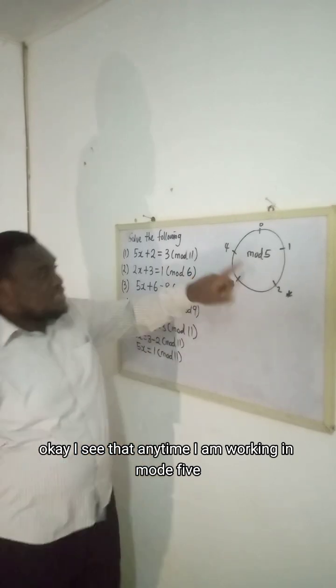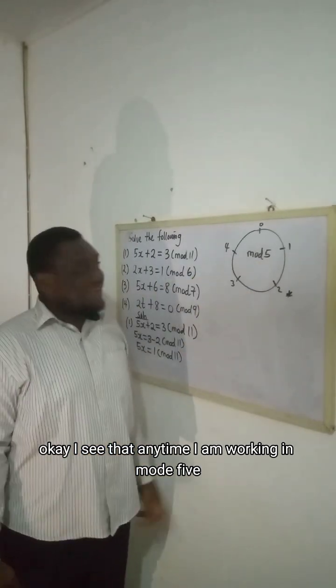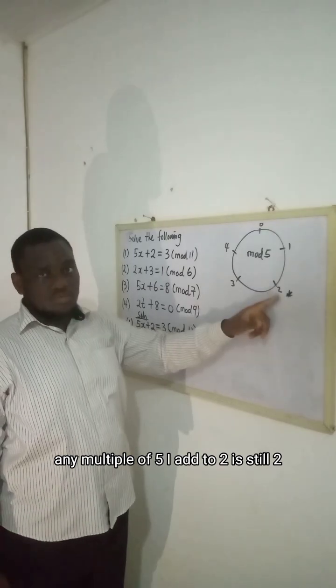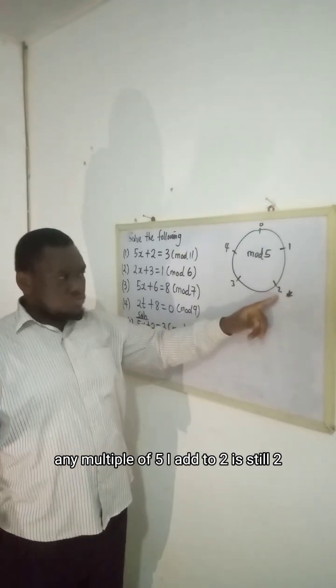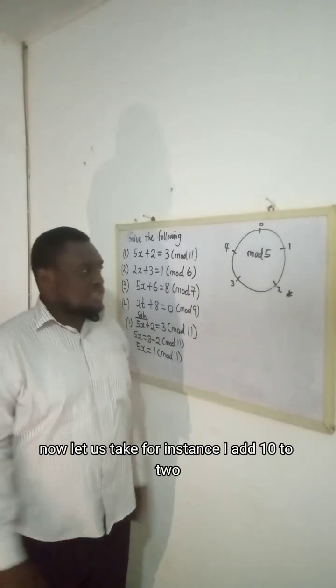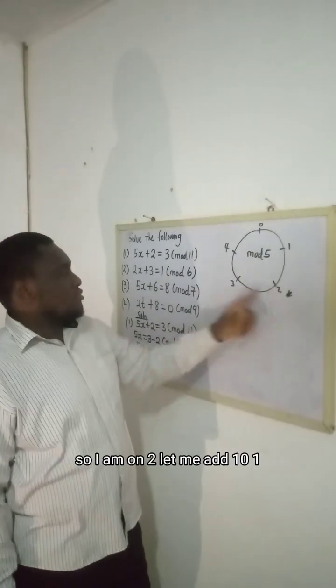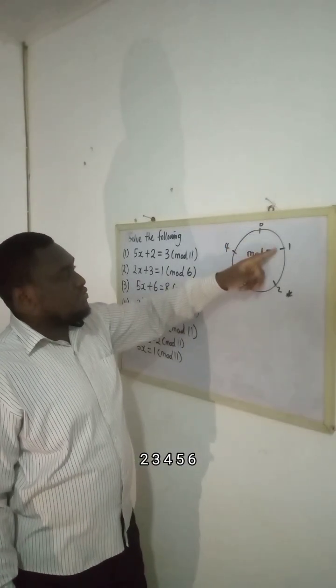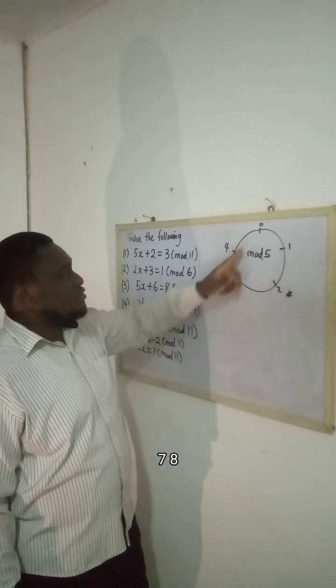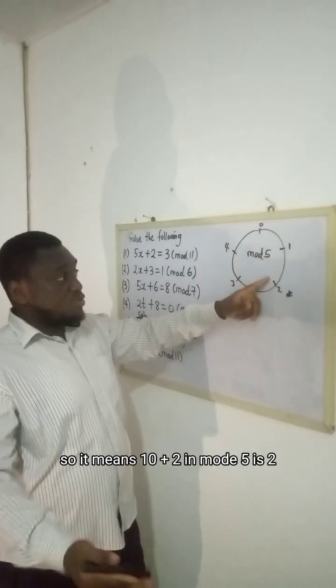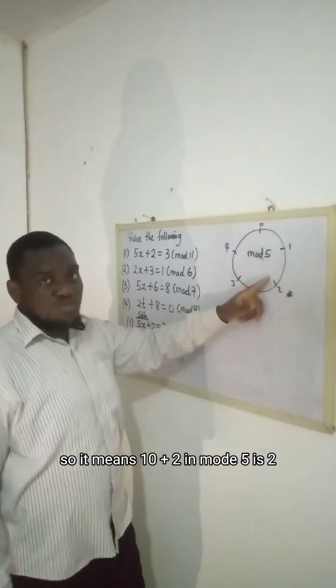I see that anytime I am working in mod 5, any multiple of 5 I add to 2 is still 2. Now, let us take for instance, I add 10 to 2. So I am on 2, let me add 10. 1, 2, 3, 4, 5, 6, 7, 8, 9, 10. So it means 10 plus 2 in mod 5 is 2.